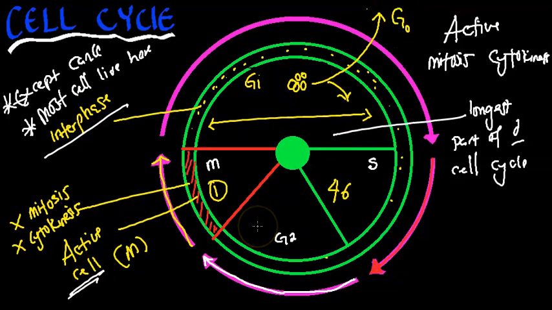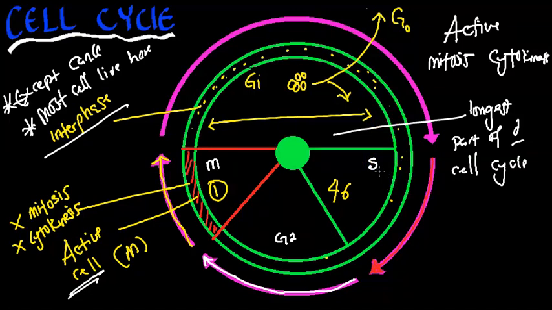So from G1, a cell has a choice to continue growing if it wants. If it wants to continue growing, it moves on together in the cycle, which is the anti-clockwise direction. It keeps moving if you want to continue growing. If it moves to the next phase called S phase, which we said is also known as synthesis, specifically DNA synthesis.